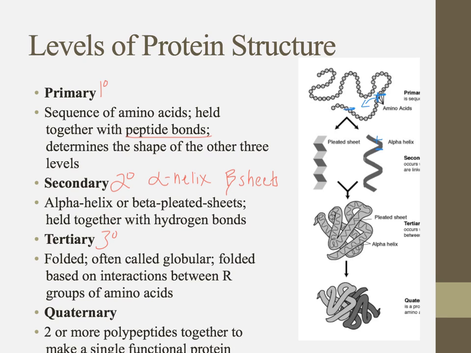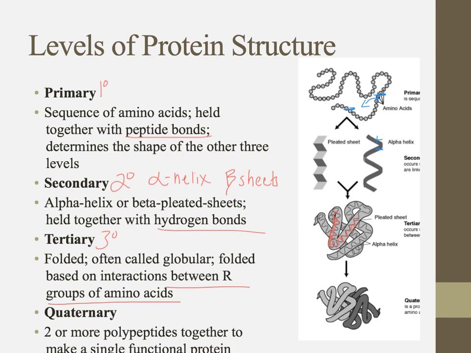So you can even see in this tertiary structure, here's some beta pleated sheets and some alpha helices, and we took them and bent them all together and crumbled them all up. This happens because of interactions between the R groups of the different amino acids. So whereas secondary dealt with hydrogen bonds, this is when those different R groups start interacting.